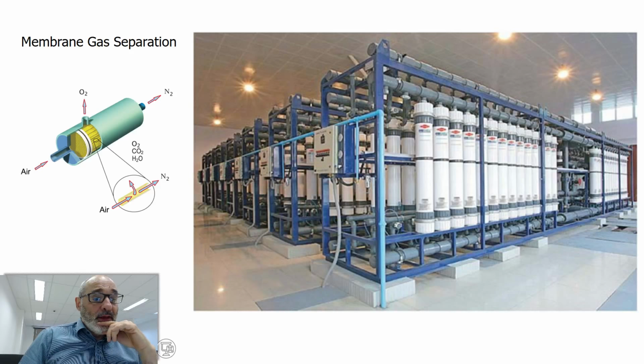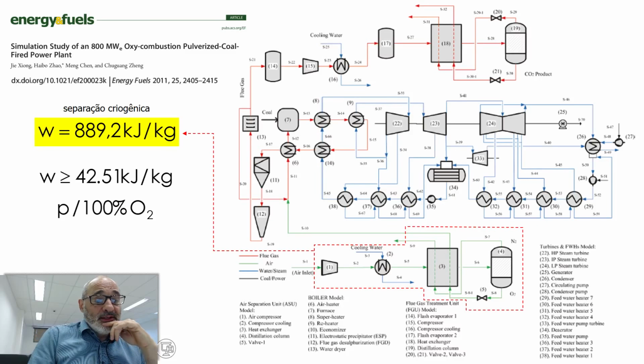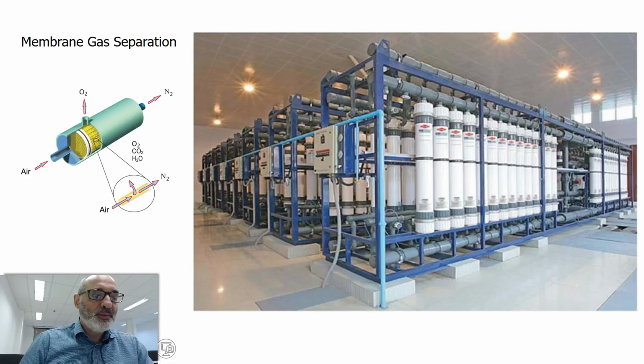And as I was saying, this is the cryogenic separation technology, which is old but very reliable and, well, less expensive than the membrane gas separation process. This is a new process. It's more efficient in terms of energy use, but it's still very expensive.